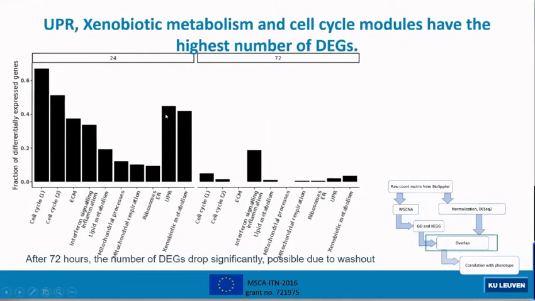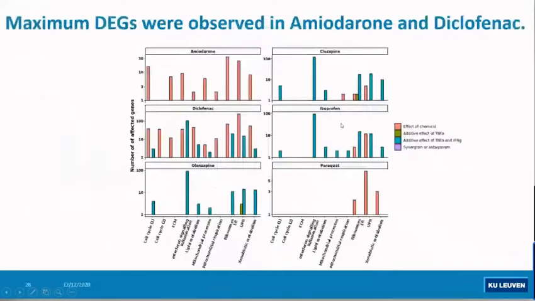However, this goes away in the 72-hour time point, probably because of a washout and because the doses are not that high. And also the maximum differentially expressed genes were observed in amiodarone and diclofenac, as I showed before in the volcano plots.